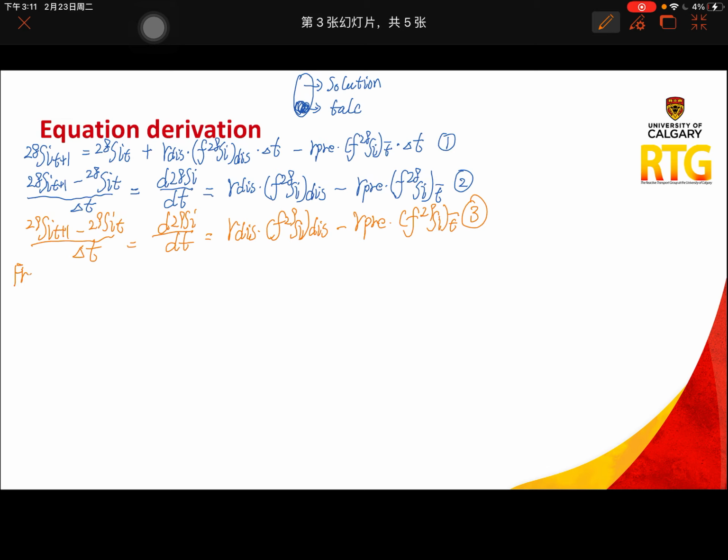From equation 2, the dissolution rate RDIS equals d28 over dt plus the rate of precipitation over the fraction of 28 in the solid.